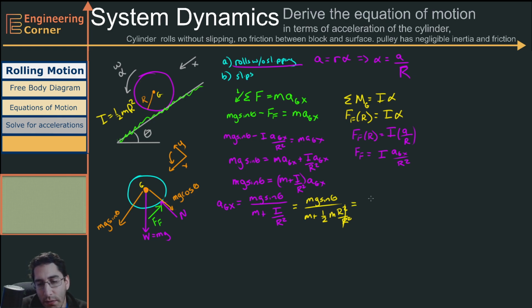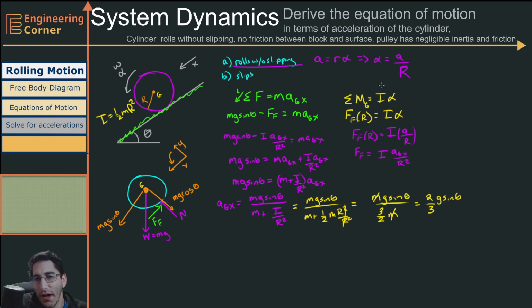So that's going to be equal to mg times the sine of theta over 3/2 m. And this is going to cancel here. So this is going to be equal to 2/3 g times the sine of theta. And that's my acceleration of my center point.